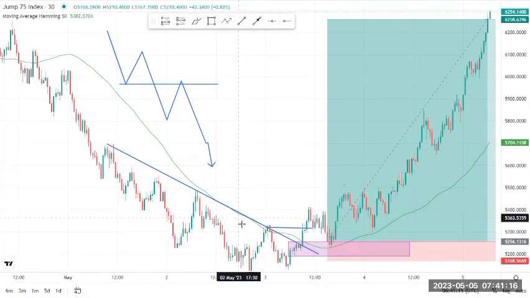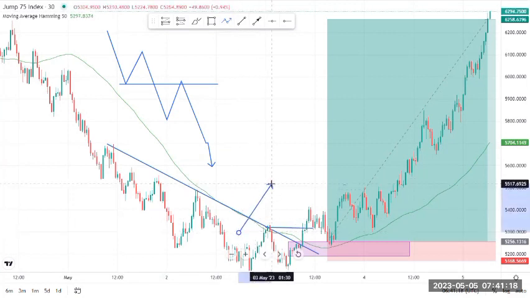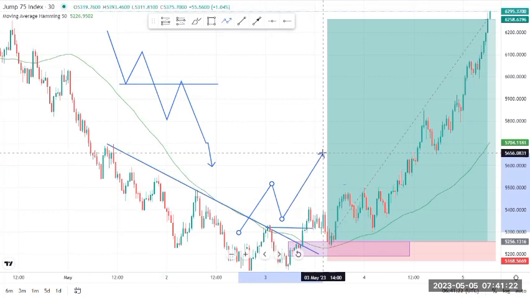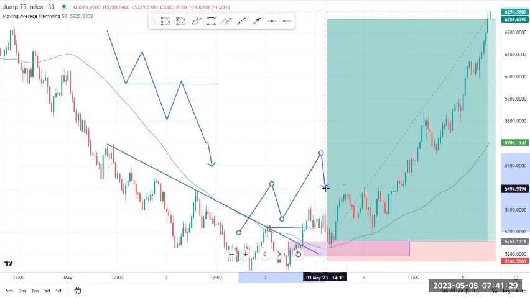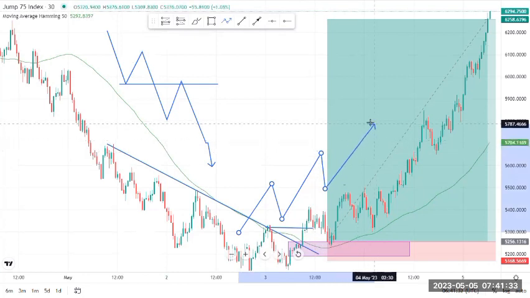Okay, so if we have something like this, a high, then price reverses, and then price breaks this point here, goes up, you've got a break of structure. Again, retracement, and then price breaks this level again, that's another break of structure.